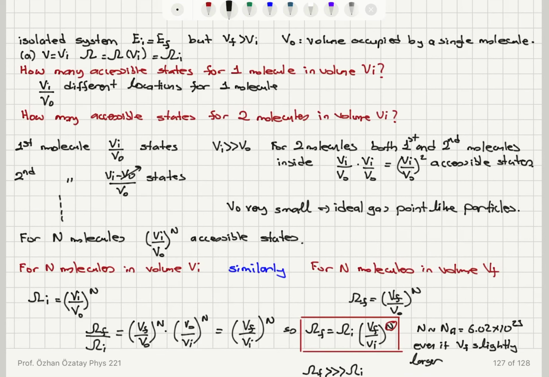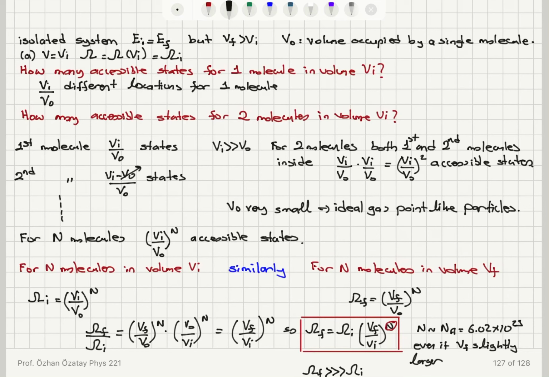So both first and second, the joint probability, we have V initial over V0 squared accessible states, and remember that these are statistically independent. For N molecules, we have V initial over V0 to the power N accessible states.